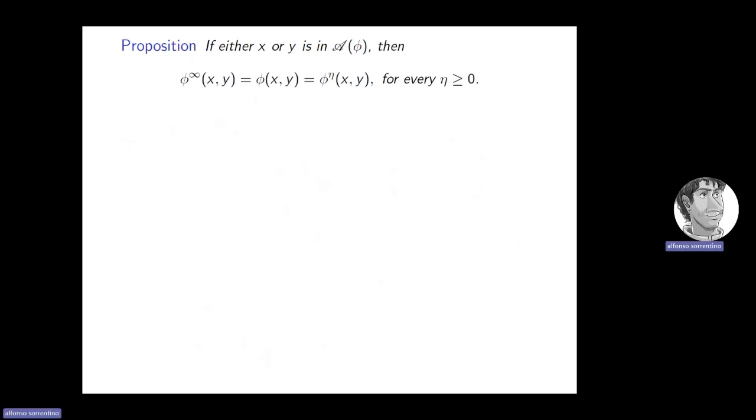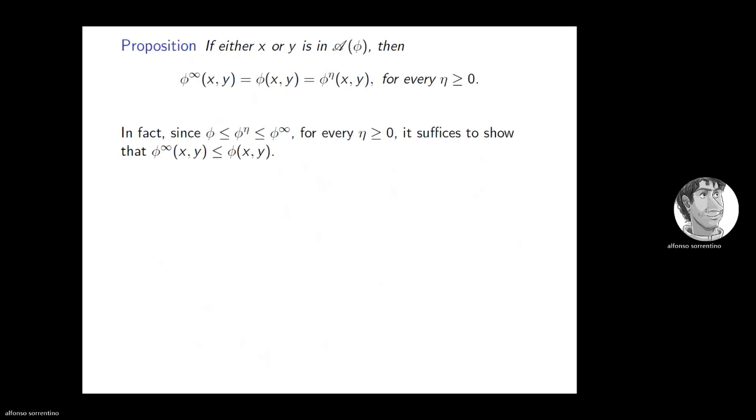And this will imply that if either x or y is in the Aubry set, then the Peyerimhoff barrier is equal to phi. Again, all we have to show in this case is that phi infinity of xy is less than phi of xy, because we have the inequality here.